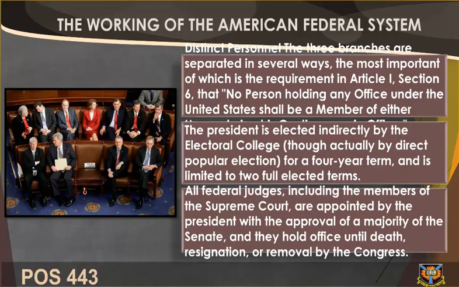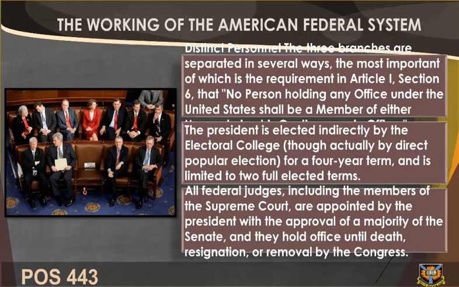The separation of personnel. The 3 branches are separated in several ways, the most important of which is the requirement in Article 1, Section 6, that no person holding any office under the United States shall be a member of either house during his continuance in office.